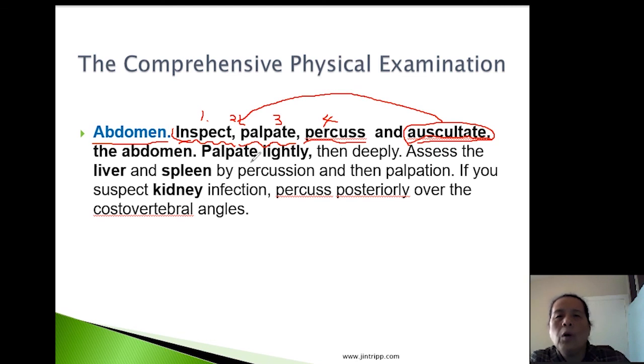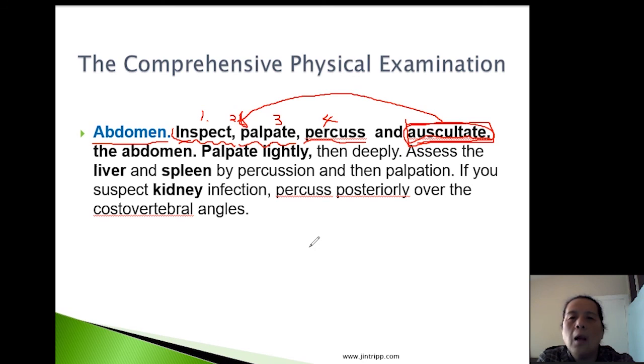If we do palpation and percussion and then we listen, like auscultation, the sounds may change. So we are not touching; we hear the sounds first, then we do other examinations. So that's especially for the abdominal area.